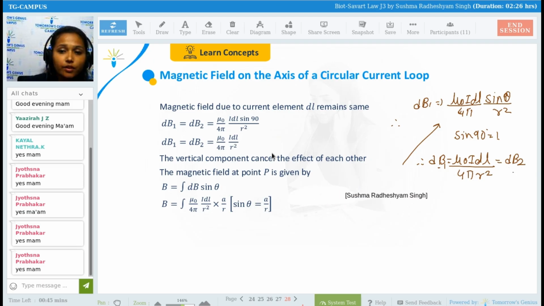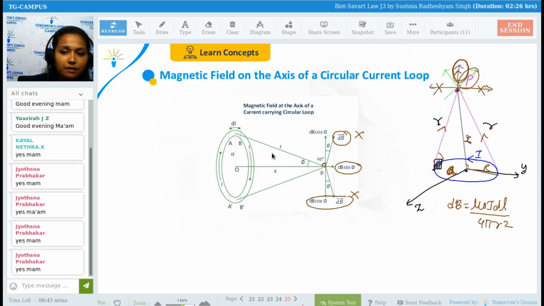Now we already have 4 components at this point. See, here you have dB1. So dB1 is resolved in 2 components: one is dB sin theta, another one is dB cos theta.